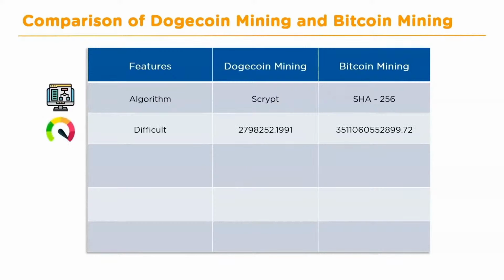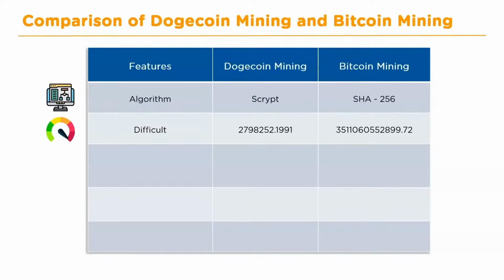Second is difficulty. This represents the complexities and challenges faced by miners to mine each block of the blockchain of any cryptocurrency. In difficulty, Dogecoin is 2,798,252. Bitcoin is 3,511,60,552,899.